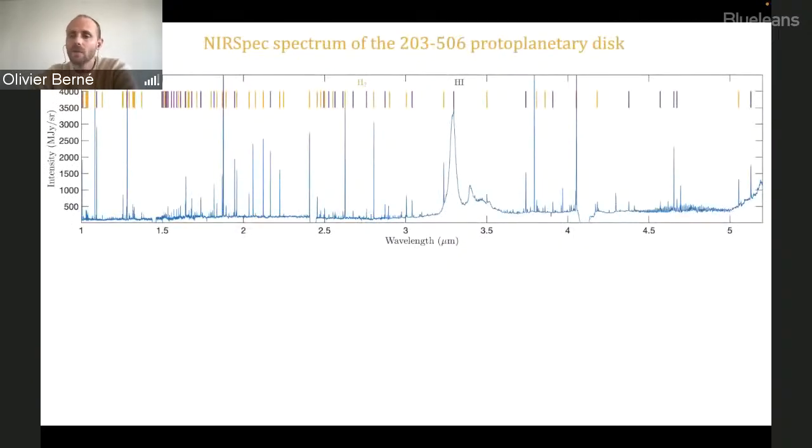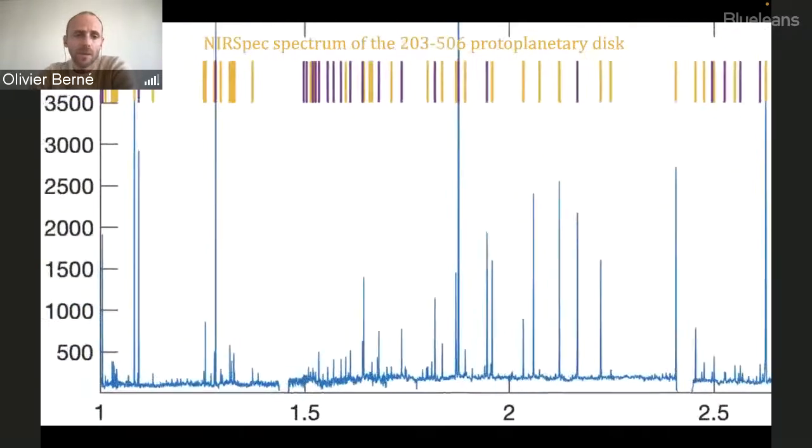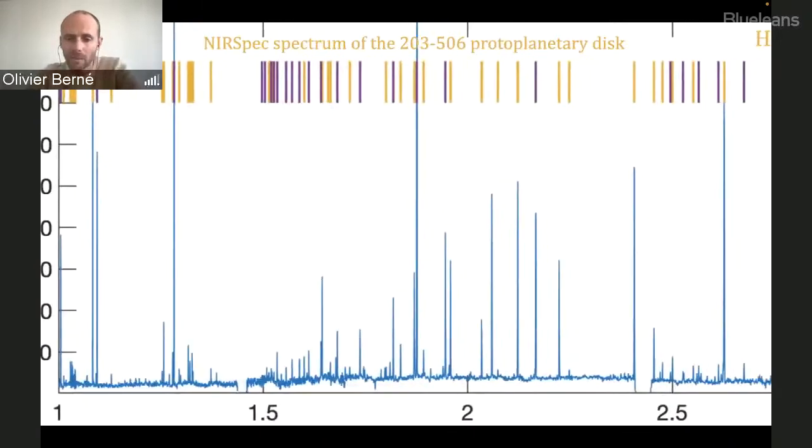Okay, so what ALMA doesn't give you, and what is also key, is the physical properties of the gas in this photoevaporation flow, in particular the density and the temperature. To extract these physical properties, you can use the NIRSpec data. So this is the NIRSpec spectrum of the 203-506 system. You can see that this is an extremely rich spectrum.